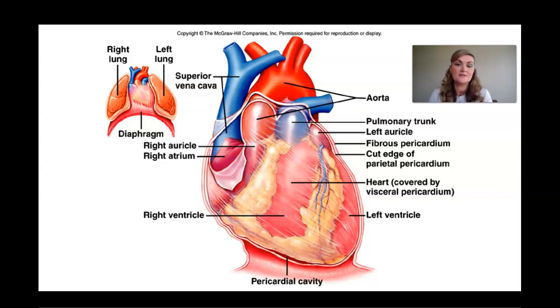Sometimes in a lab, if we were doing this not online but in class, you can actually order hearts that have the pericardium around them, so you can remove it then. Most of them, though, do come with the pericardium already removed.